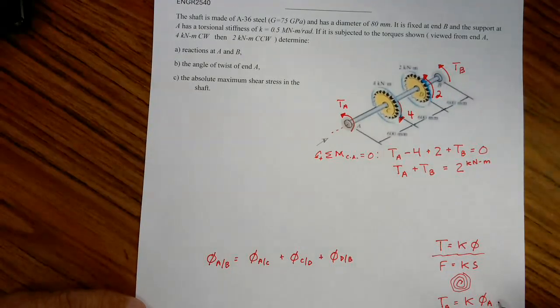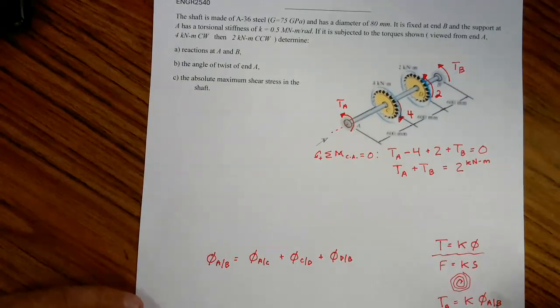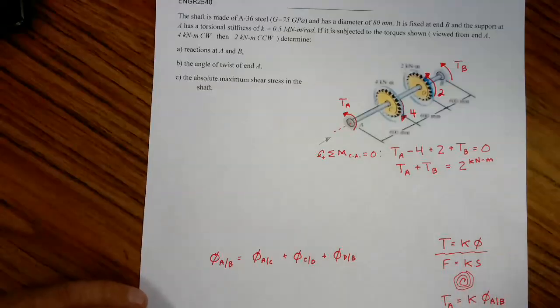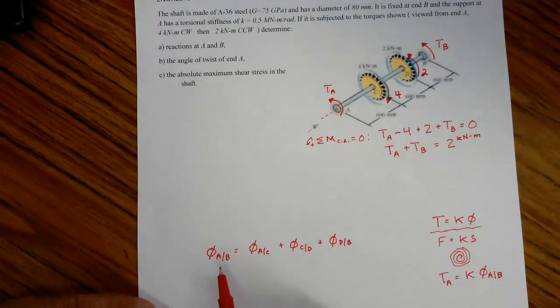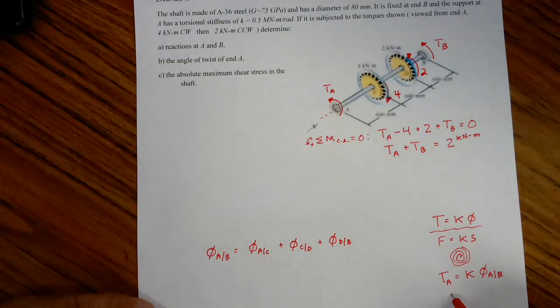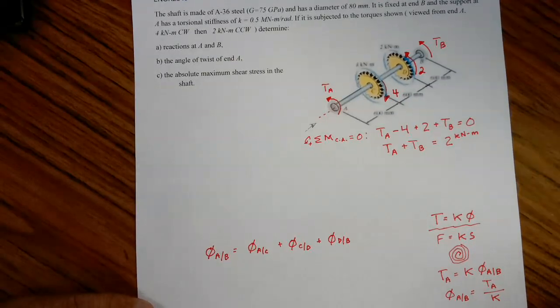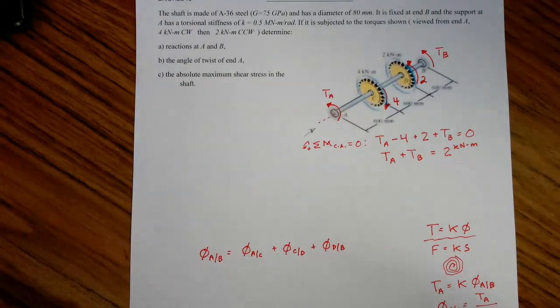So the angle of twist of A is the same thing as the angle of twist of A with respect to B. That's the actual angle that it rotates through. So we have a value for this: the angle of A with respect to B is equal to the torque at A over K. So let's move on to another sheet and come back to this.